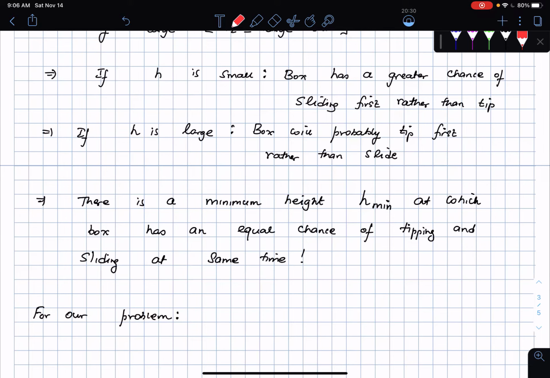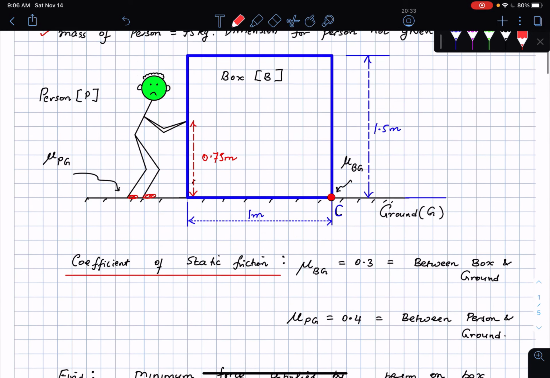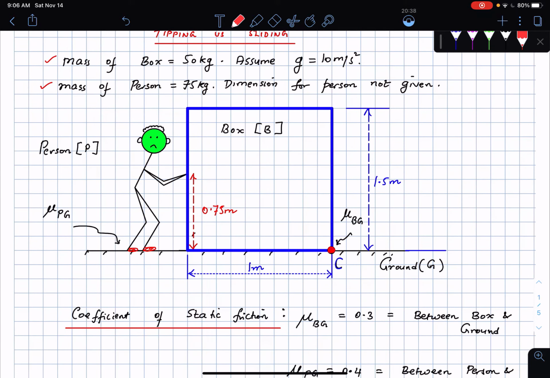Look back at our problem. We go back to our problem, and I see that there is a certain height. The person pushes the box at a height of 0.75 meters from the ground. So that's the height h. I'm going to call this the height h.